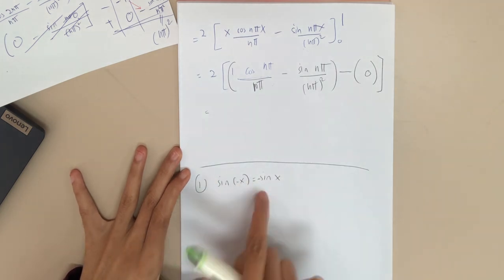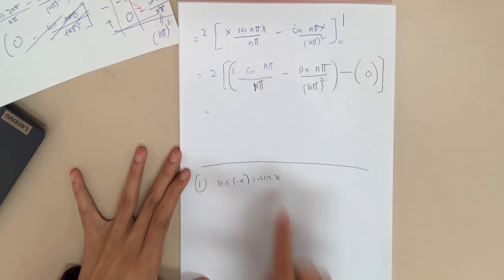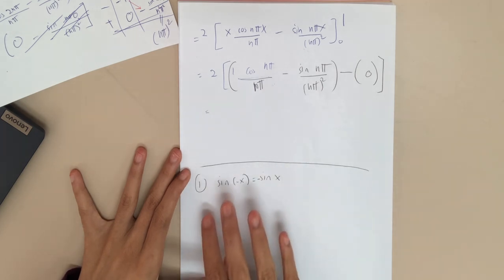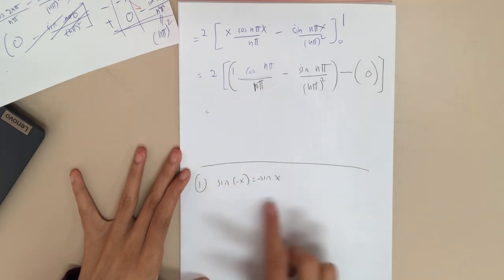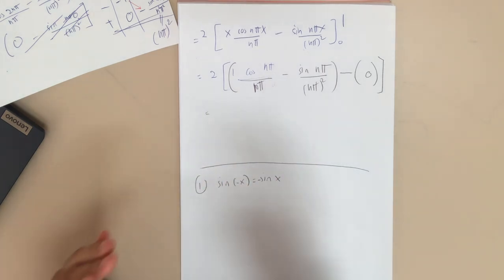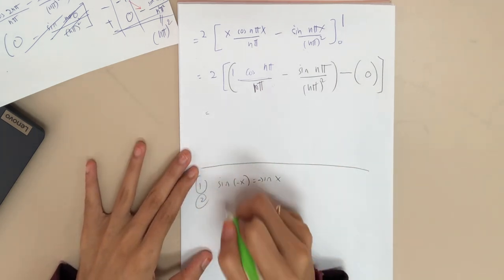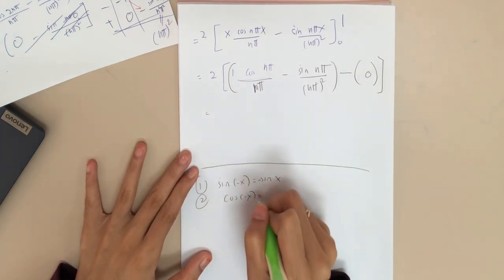So this one is already proven. Kita dah tunjuk pun yang ni last week, how to determine the odd even kan. I already showed you odd and even, sine and cos. Right. So the second one is cos negative x is equal to cos x.